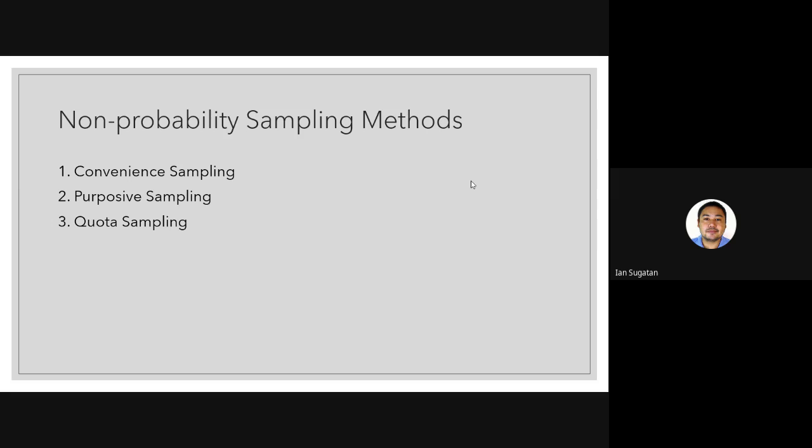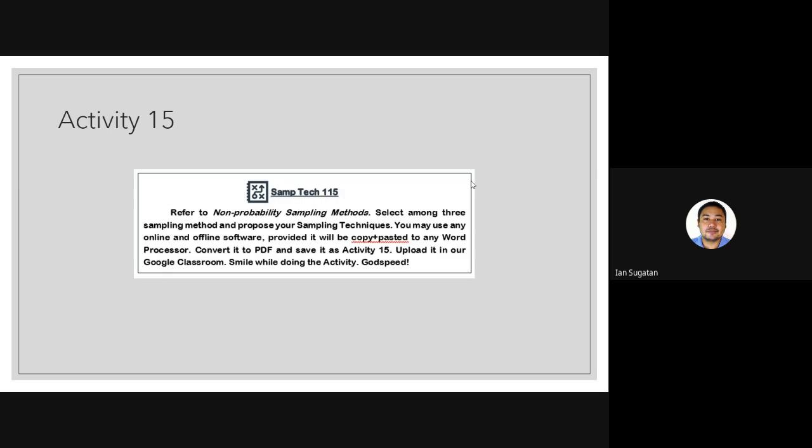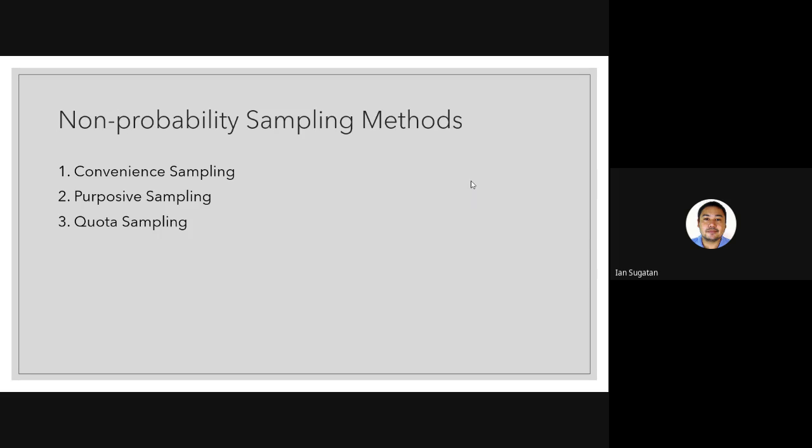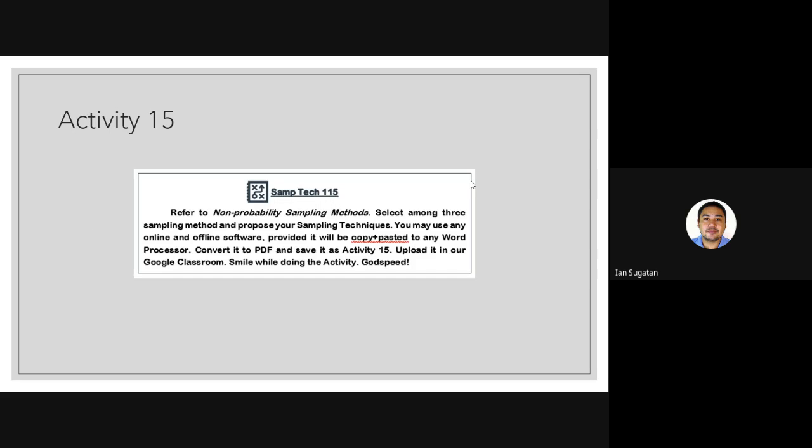Okay, so I think it's clear now what we call probability and non-probability sampling methods. So for your activity number 15, what you're going to do, guys, is to refer to non-probability sampling methods. These are the three from earlier. So you're going to select among the three sampling methods and propose your sampling technique.